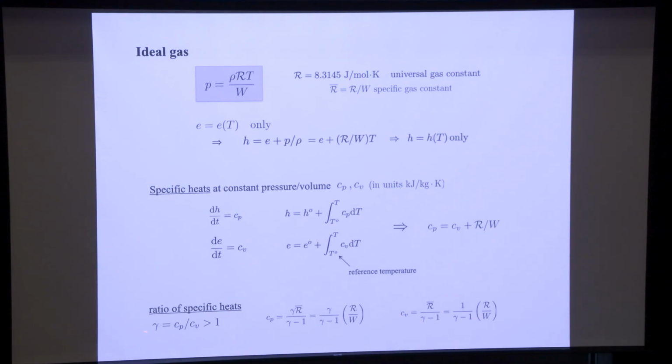Another property that shows up is usually the ratio of specific heats, Cp over Cv, usually denoted by gamma, and it's bigger than 1. And if one writes Cp and Cv in terms of gamma, it's a straightforward algebraic calculation.